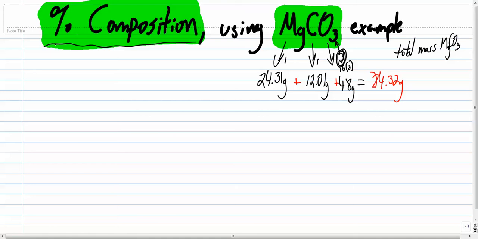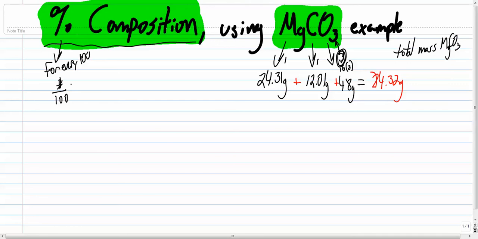So now I've got to shift gears sideways a little bit. I told you this was about percent composition. So percent, what does percent mean? We've talked about percent before in this class. Percent is a shorthand way of saying for every 100. Or if you wanted to say it as a fraction, you could say some number over 100. Remember the is over of trick from way back in the fall?